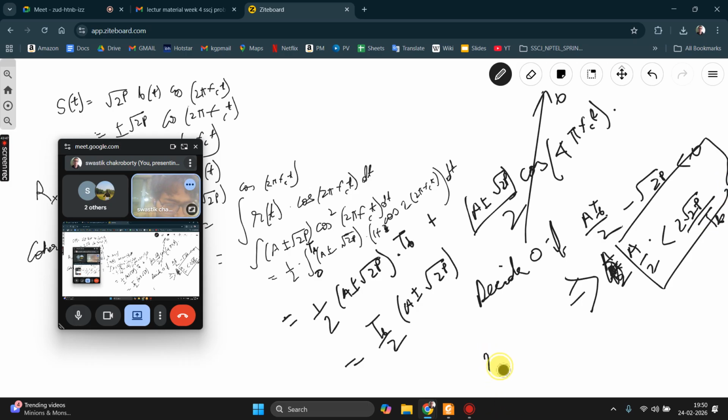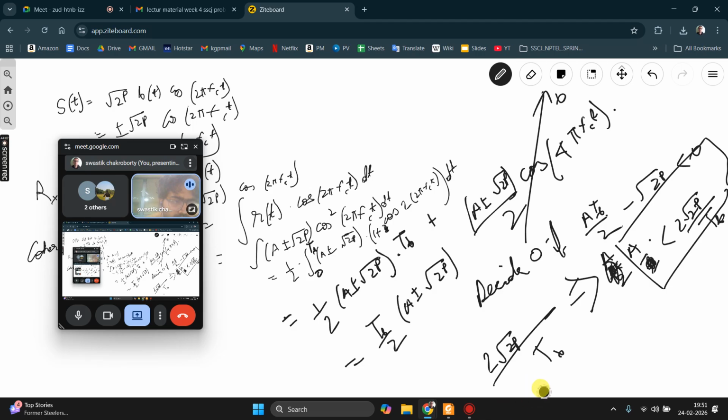So you do 2 root 2p by TB, and you compare that with, not a by 2, sorry, a. If a is less than 2 root 2p by TB, you decide 0, else decide 1. So this becomes your decision threshold.